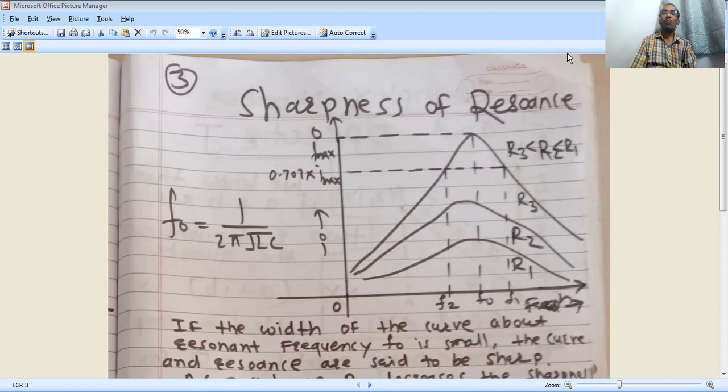That means 10 ohm is smaller than 100 ohm, and 100 ohm is smaller than 1000 ohm. That means 1000 is R1, 100 is R2, and 10 is R3. This relation is fixed as shown in this figure.